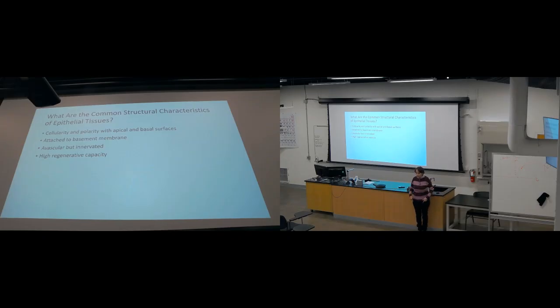So your feet, if you're walking, of course, will always be on the ground. So the basal side always faces the basement membrane. There is no way that you can walk with your head. So the apical side is never toward the floor. So it's always facing the environment. So that's the polarity, okay?